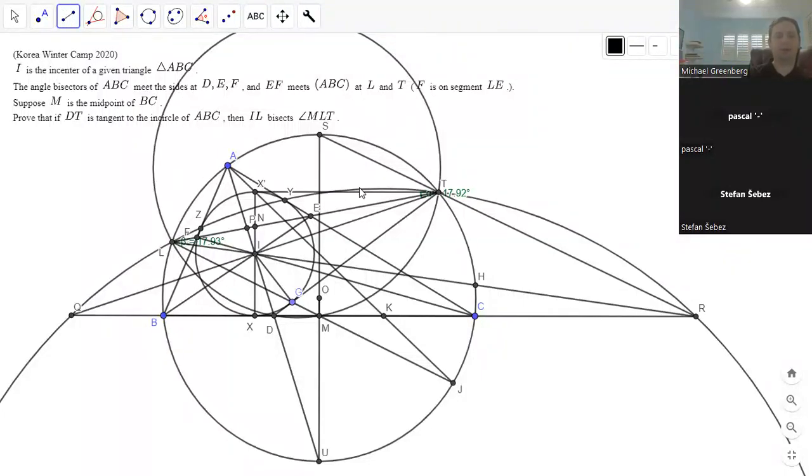Well, we also have to show TX prime is tangent after that, but it's a cool configuration.